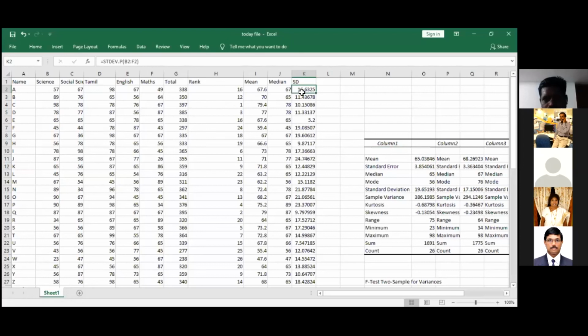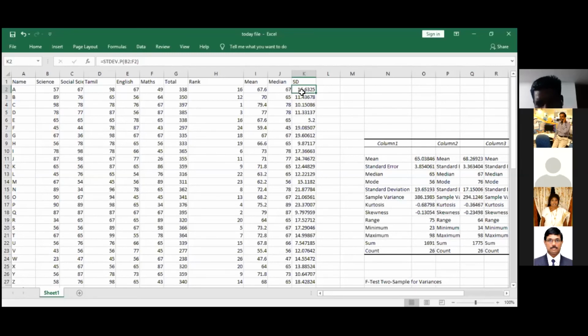For standard deviation functions, I think no built-in function. The mean, standard error, median, mode and standard deviation were already calculated at column N, right? Column N, yeah.